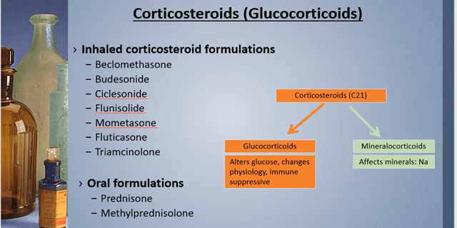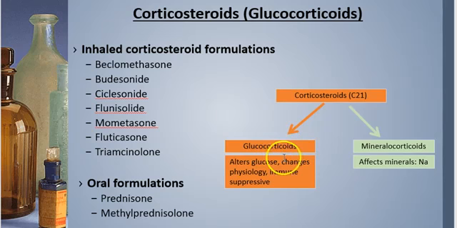We've got both inhaled formulations, which are listed here, as well as oral formulations, basically prednisone and methylprednisolone. Understand that from the biochemical standpoint, all the corticosteroids have 21 carbon molecules, and they can be subdivided based on their physiologic effects.